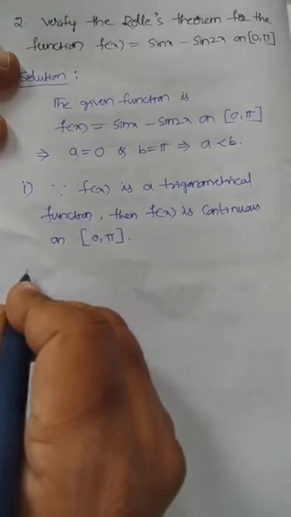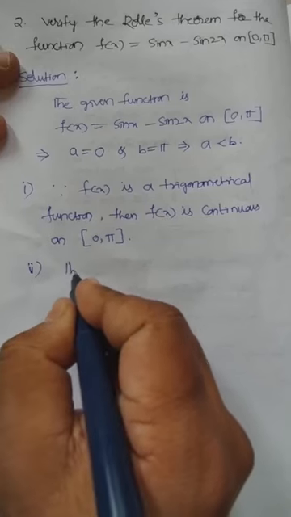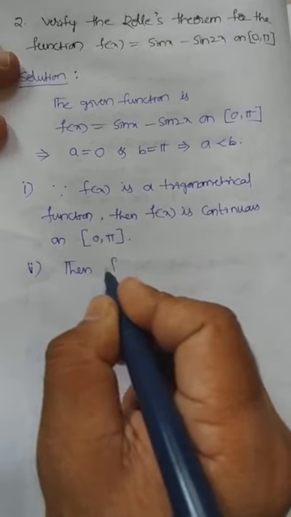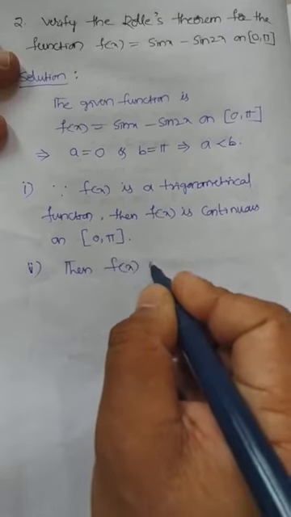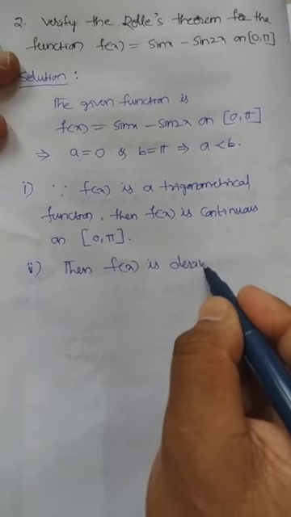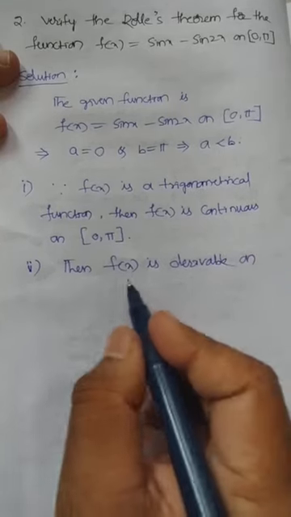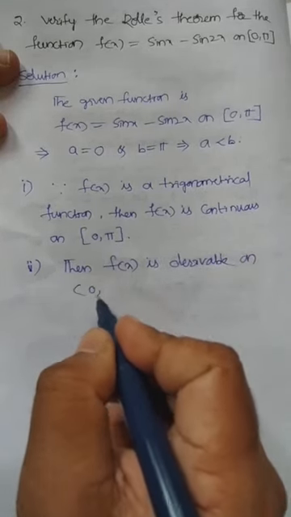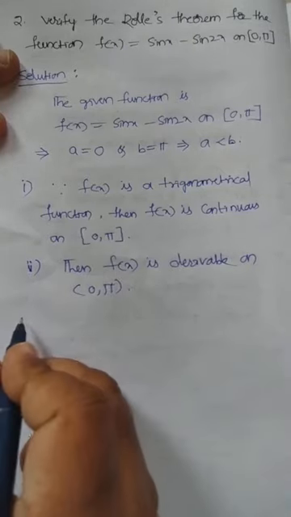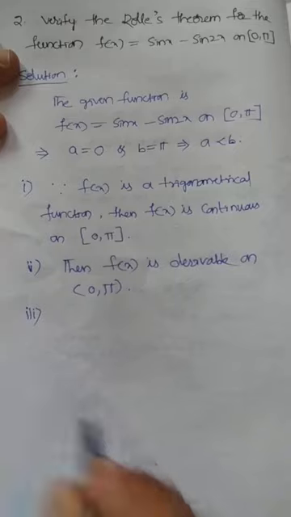Now the second condition is obvious. Then f of x is derivable on open interval 0 comma pi. Now we have to verify the third condition.